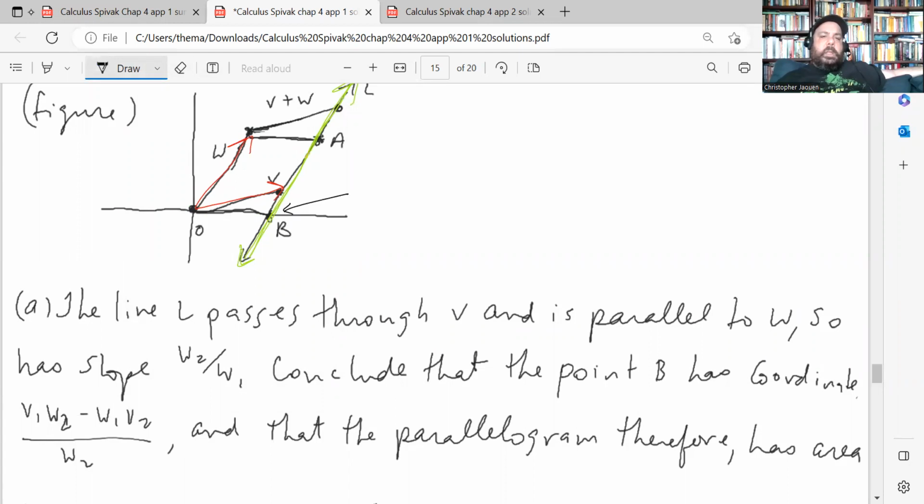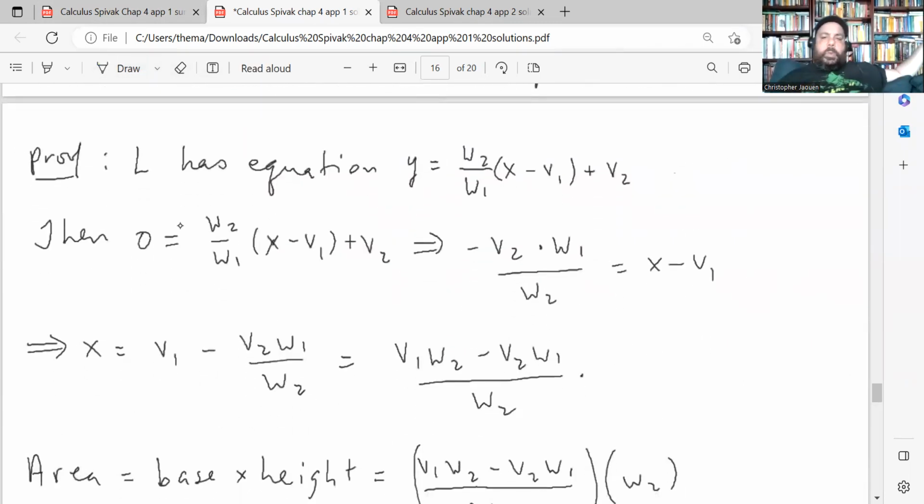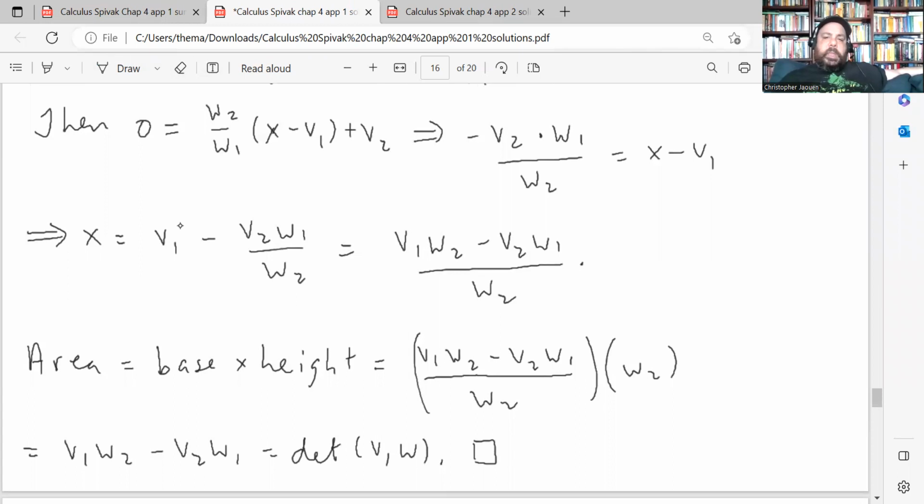So set Y equal to 0 in the equation of the green line, and that'll give us the coordinate. When you solve for X, which is the place where the line intersects the X-axis, that's what you get. So the formula that they asked us to find is what you end up with.